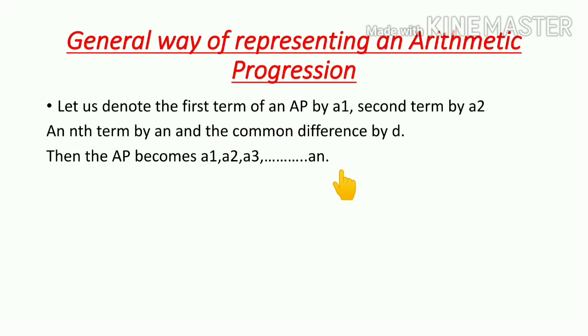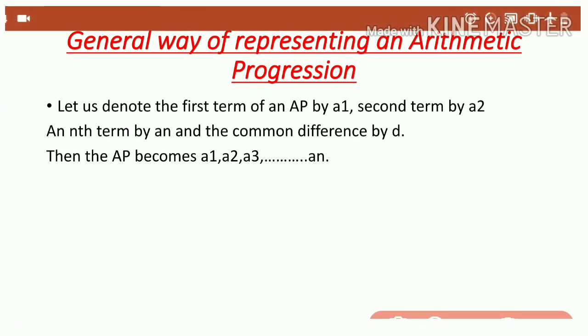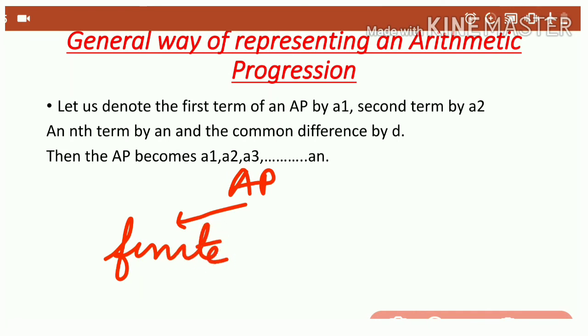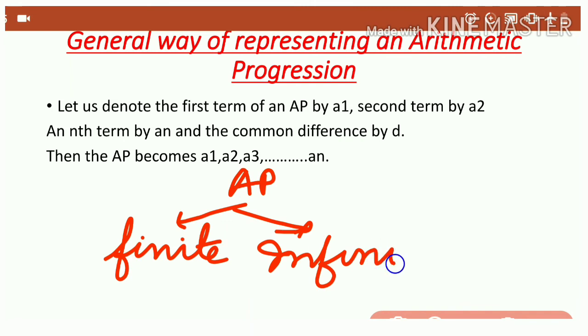Before I proceed with the general way, you have to remember one thing. When we talk about AP, arithmetic progression, the series can be either a finite series or an infinite series.